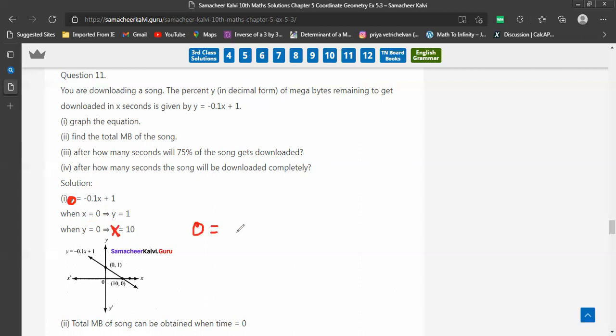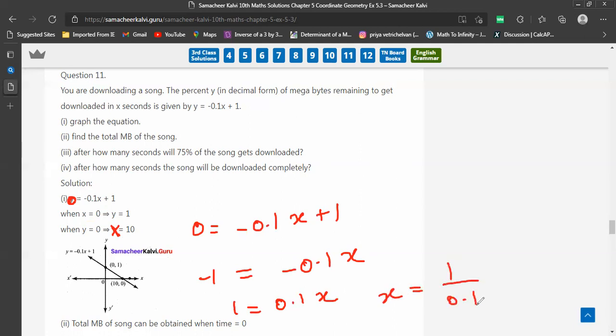Because it will be 0 equal to -0.1 into x plus 1. So -1 equal to -0.1 into x. So 1 equal to 0.1 into x. So x is equal to 1 divided by 0.1, which will give you the answer as 10. Can you follow this, Manasi? Yeah.